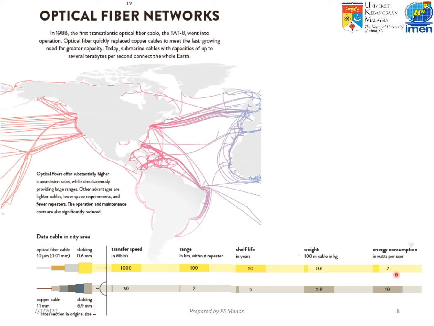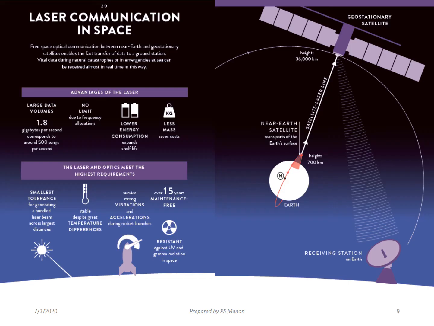Energy consumption in watts per user: optical fiber cable only consumes 2 watts, very low power consumption, versus copper cable, which requires 10 watts per user, so higher energy consumption. So definitely optical fiber cable is the choice for transatlantic optical communication between countries.